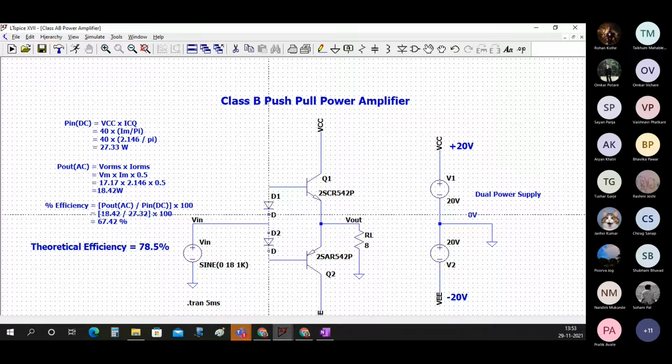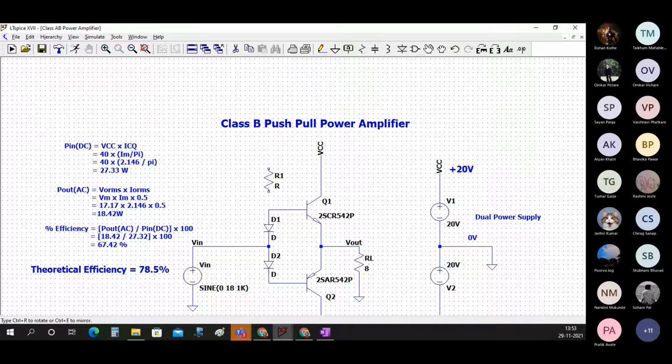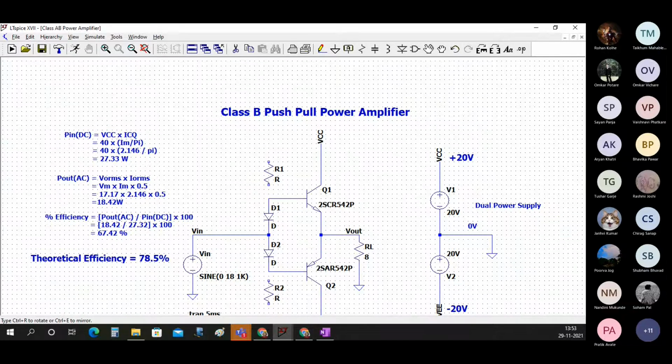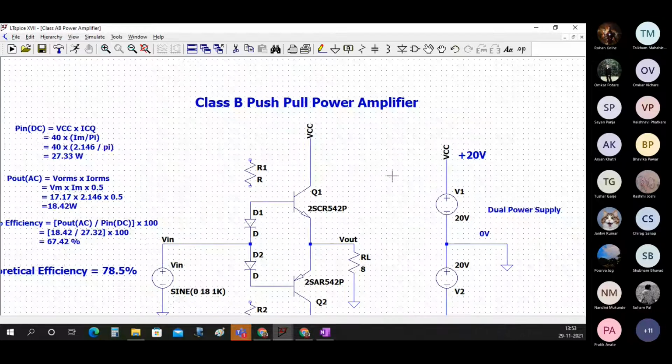So here you will put the diodes, and these two resistances are required to slightly bias it above the 0 point.